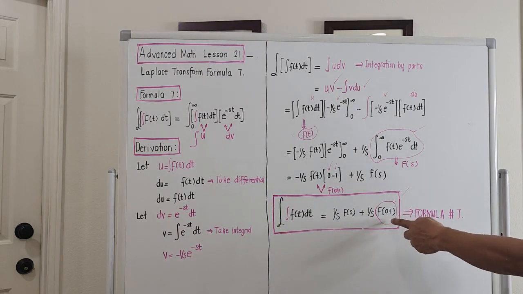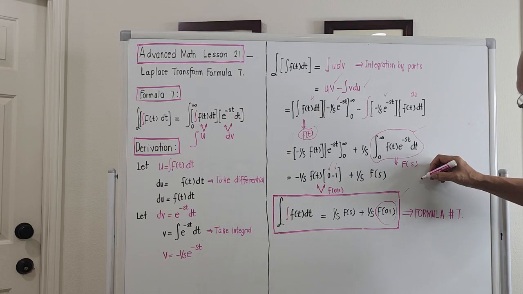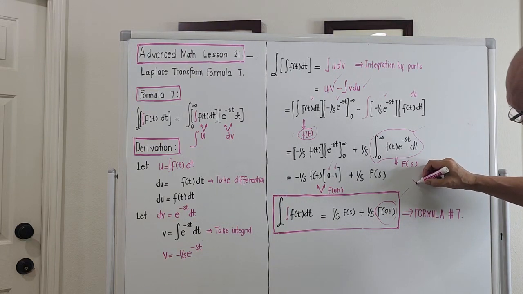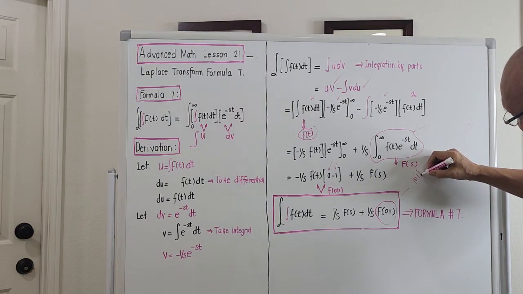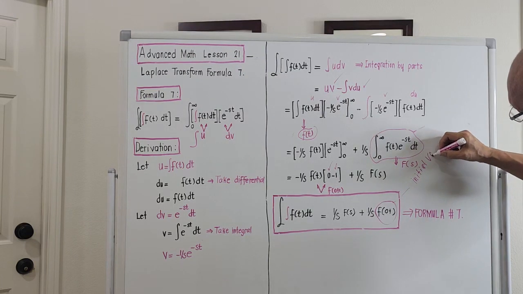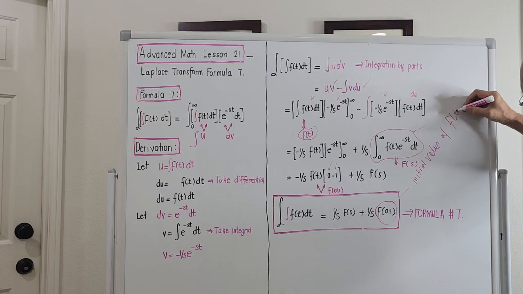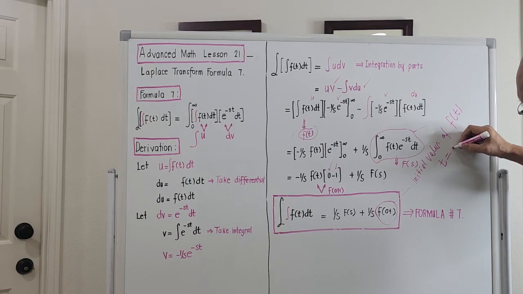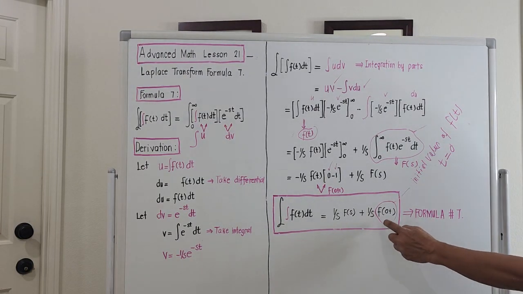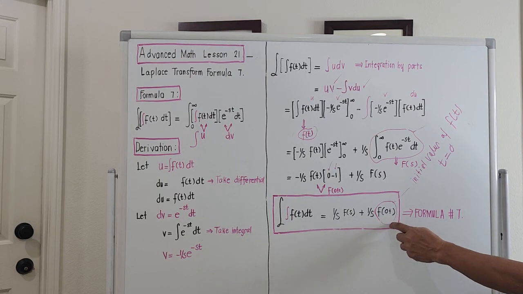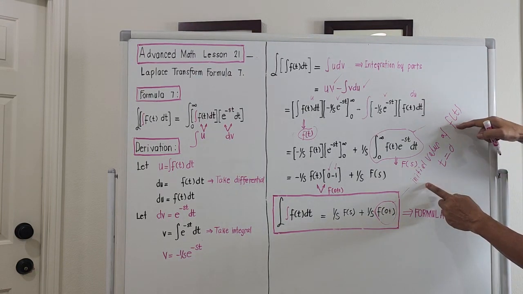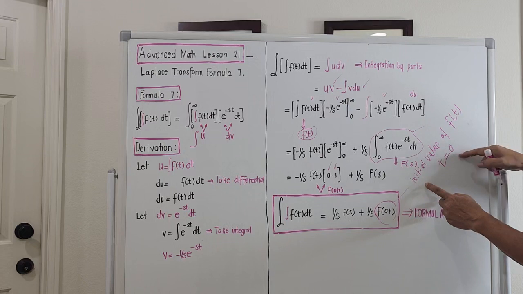And what is the meaning of f sub 0 plus? It is the initial value of f of t at time t equal to 0. The meaning of f sub 0 plus is the initial value of that given function at time t equal to 0.